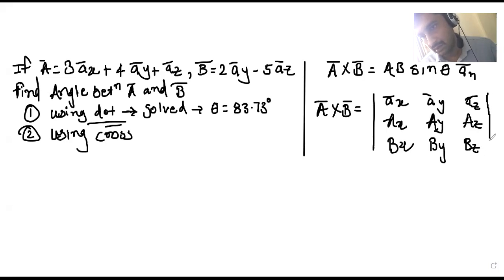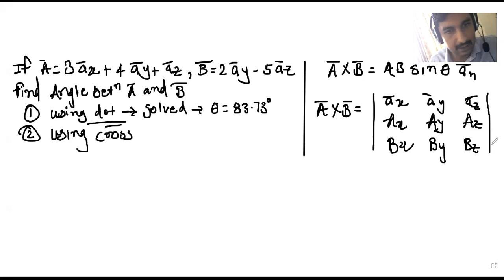So the second definition of cross product, where the two vectors are a bar and b bar: a bar cross b bar is equal to ab sine theta a bar n is the first definition, and a bar cross b bar is equal to the determinant of a bar x, a bar y, a bar z, ax, ay, az, and bx, by, bz is the second definition of this cross product, right?